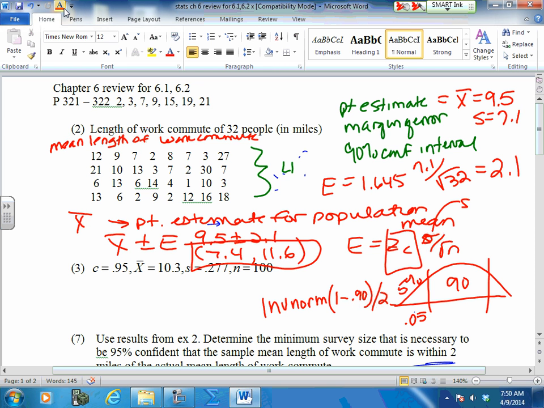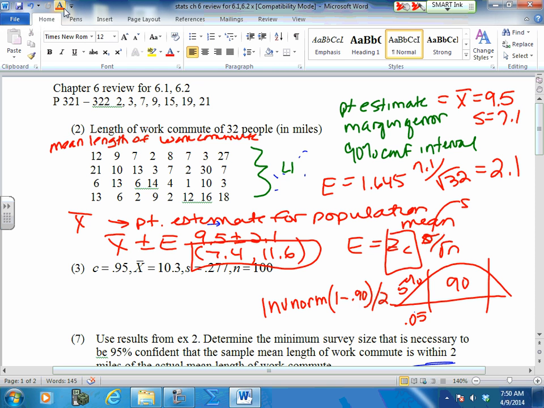So what does that exactly mean? Why did we do this? How do we interpret that interval? You have 90% confidence that it will fall between 7.4 and 11.6. What will fall? The population. Good, absolutely great.